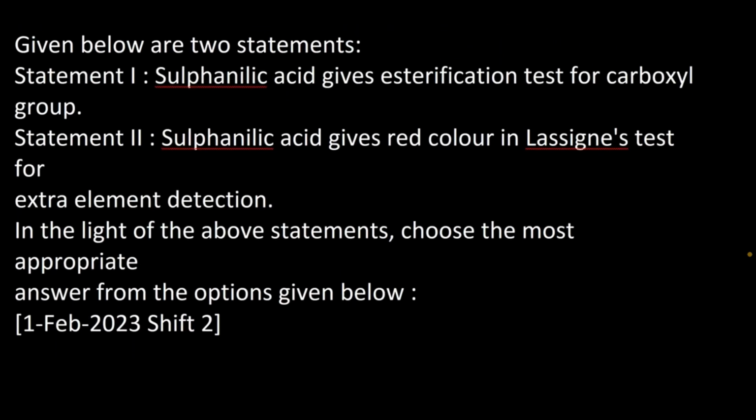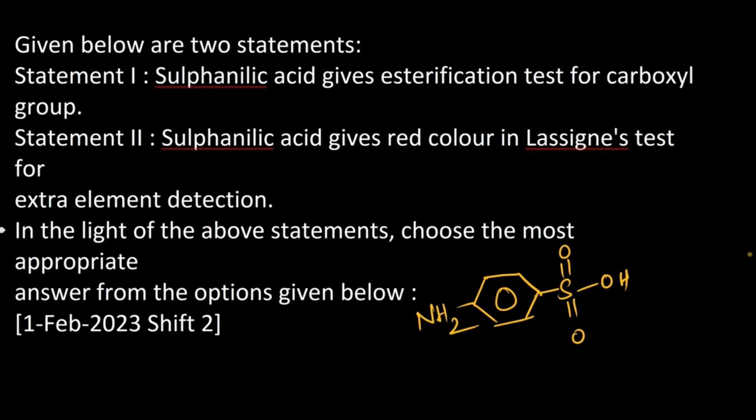In the next question, given below are two statements. Sulphanilic acid gives esterification test for carboxyl group, and gives red color in Lassaigne's test for extra element detection. In the light of these statements, we have to tell. Sulphanilic acid will look like this: SO2, OH on one side, NH2 on the other side, right?